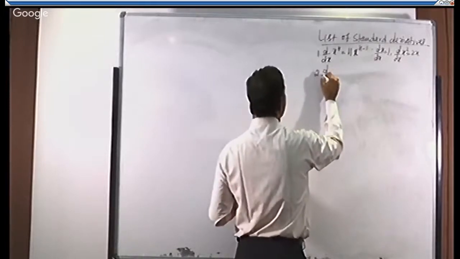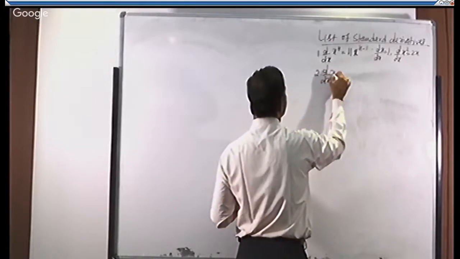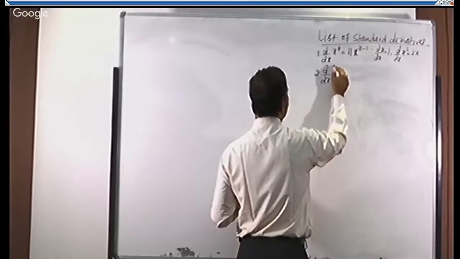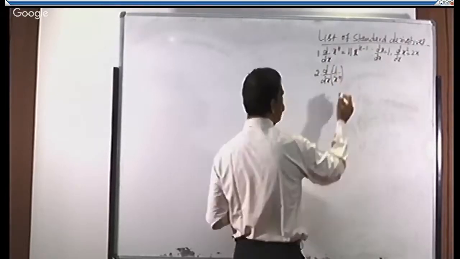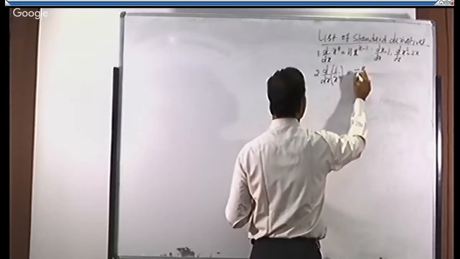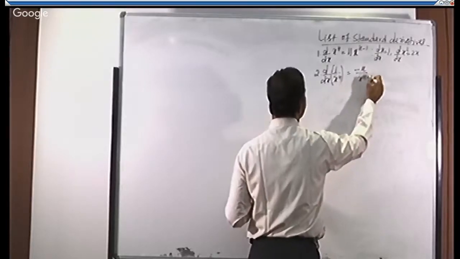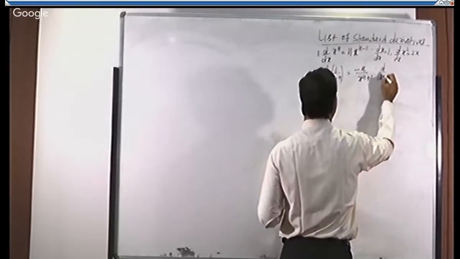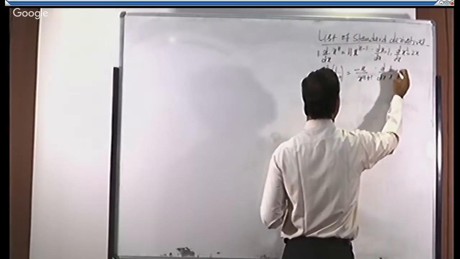Second one, d by dx of 1 by x to the power of n is equal to minus n by x to the power of n plus 1. Suppose d by dx of 1 by x is there. What will you get?